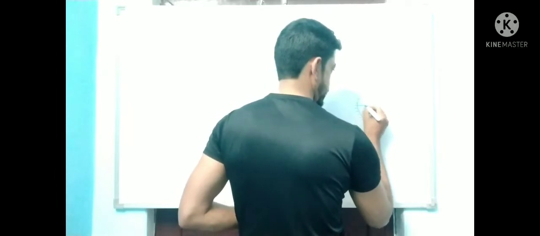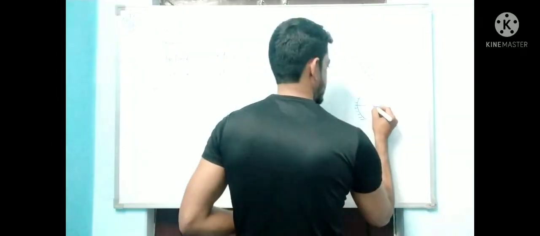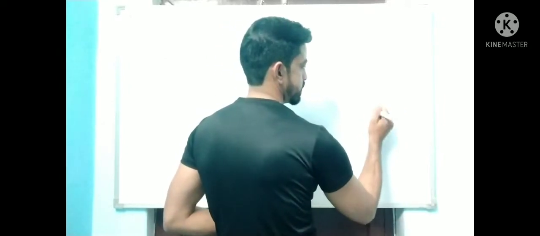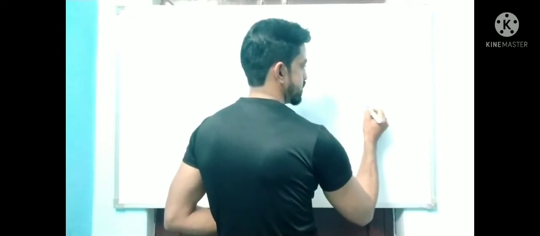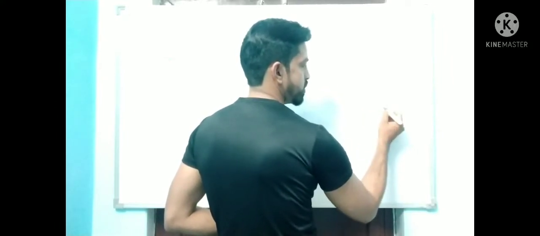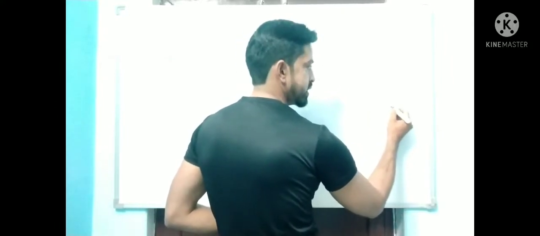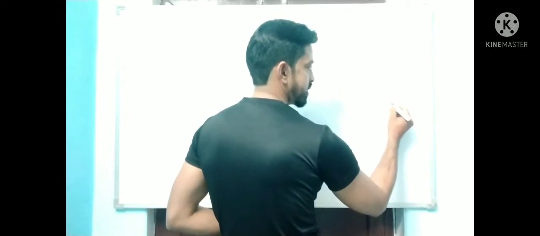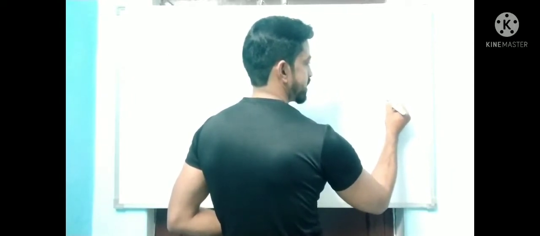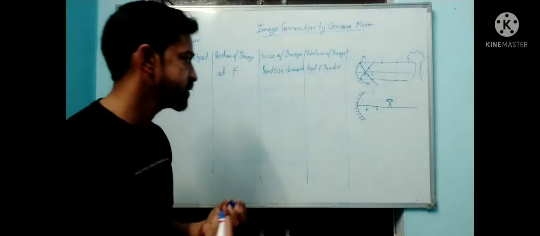This is the concave mirror, this is the principal axis, and this is the center of curvature, somewhere here. In between there is F, and your object is placed beyond C. Suppose somewhere here AB, like a tree, or candle, or so many objects.